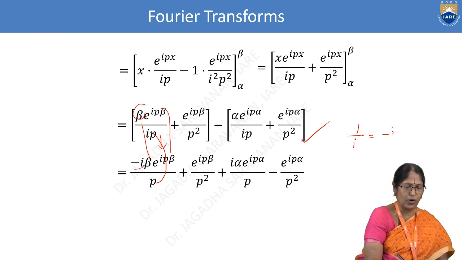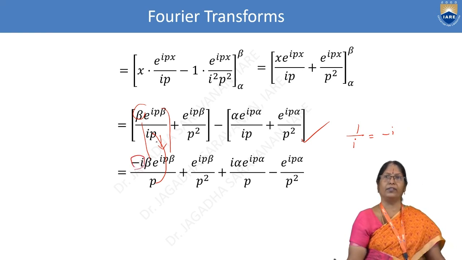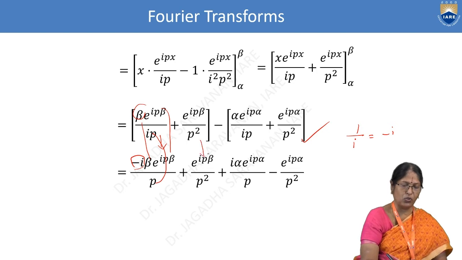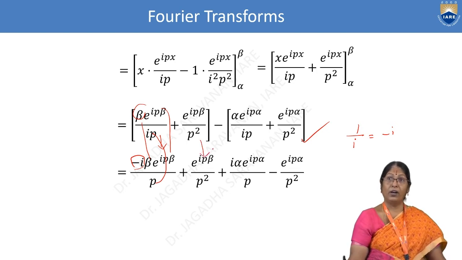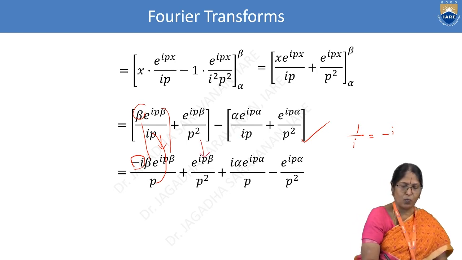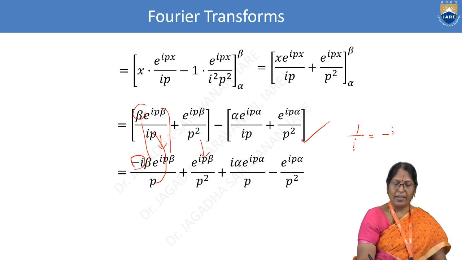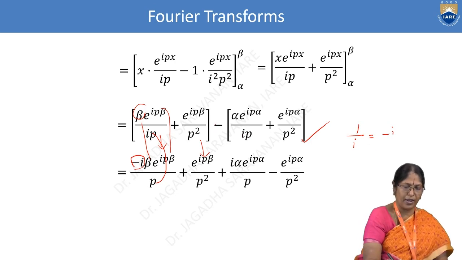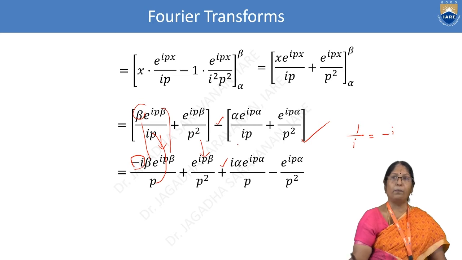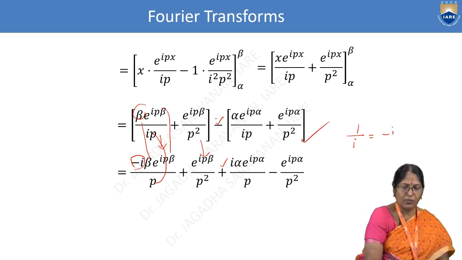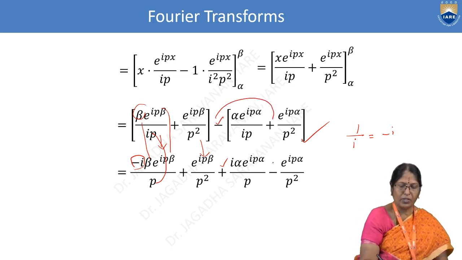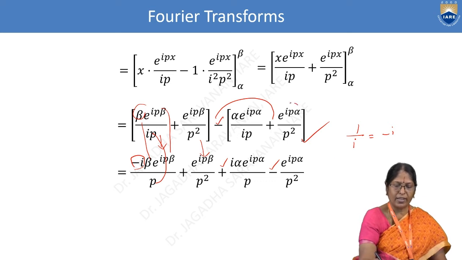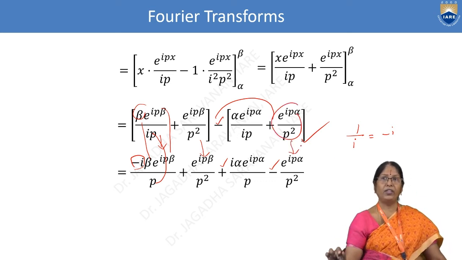That is the only change in the first term. In the second term there is no change at all. Third term, same: here 1 by I is minus I, and already a minus is there, so it has become plus. This minus we brought here, minus into plus, here minus. This entire term is written as it is. We didn't do any changes.